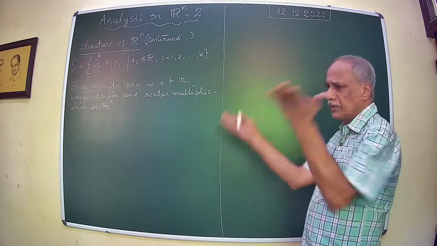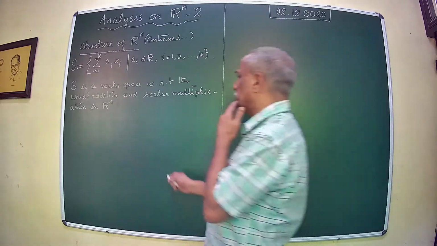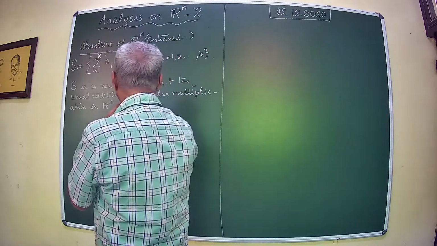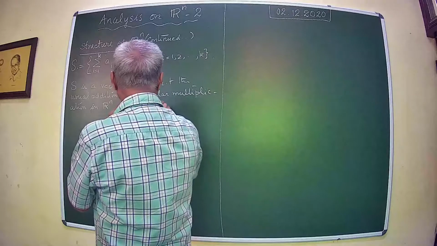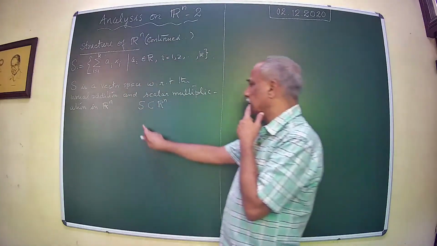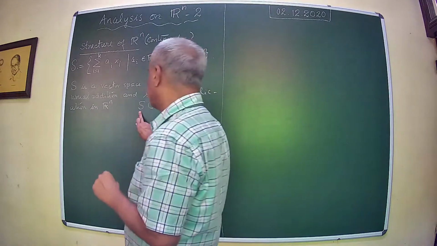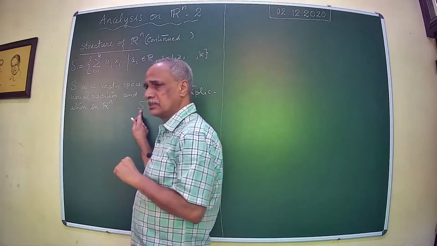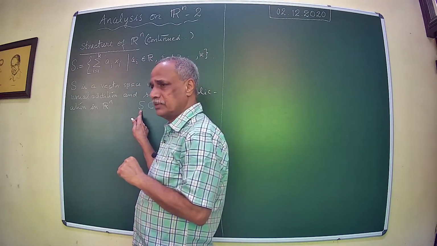What you want to prove is, you know that S is a subset of Rn, obviously. Now what you have to prove is that S is closed with respect to addition and scalar multiplication.